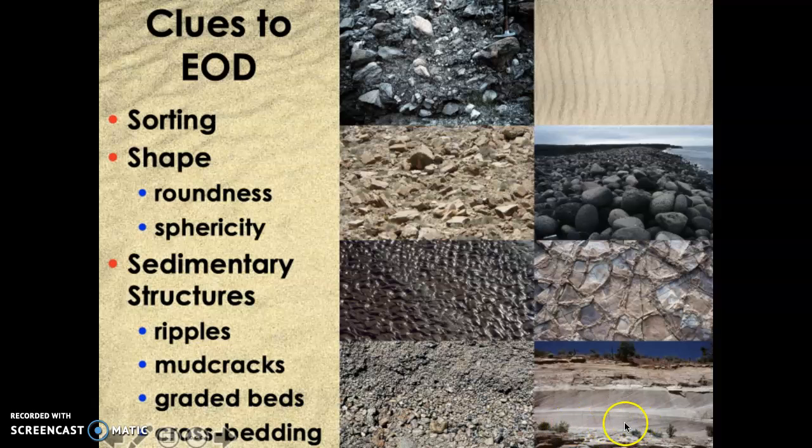You'll see within the layers in the lower right-hand side, there are additional layers that kind of go across the primary layering. And that is due to the way the sediments were deposited. There are a number of things that can cause that. Wind is a real prominent example, but there are other things as well that can cause cross beds. So anyway, that kind of gives you a general idea of where we're headed.